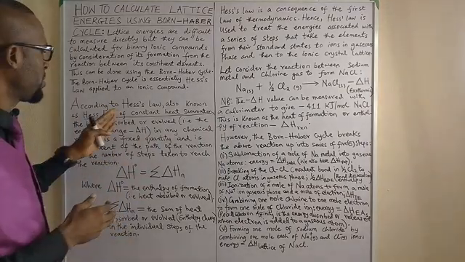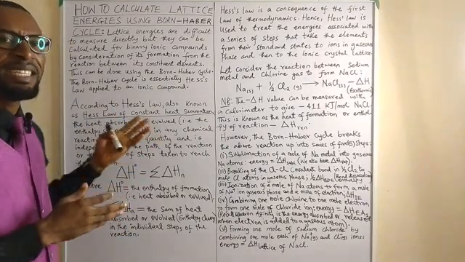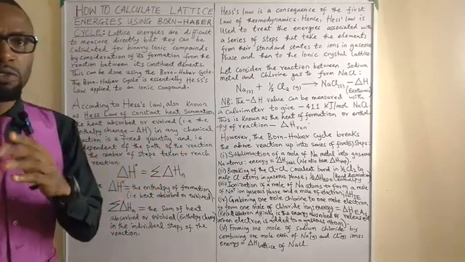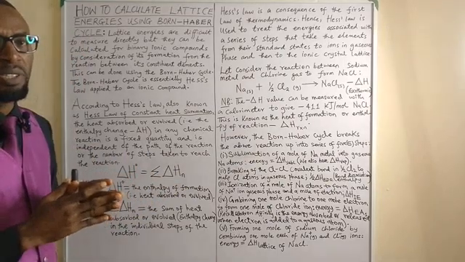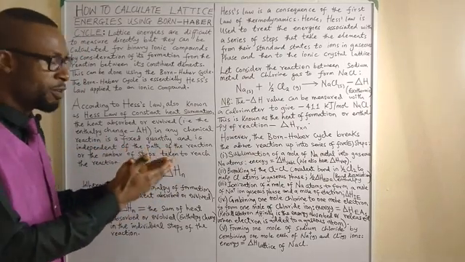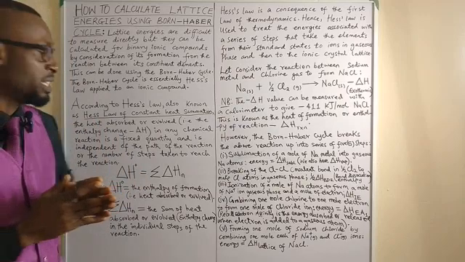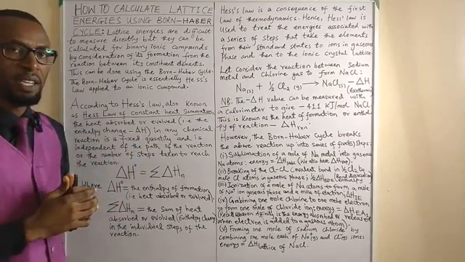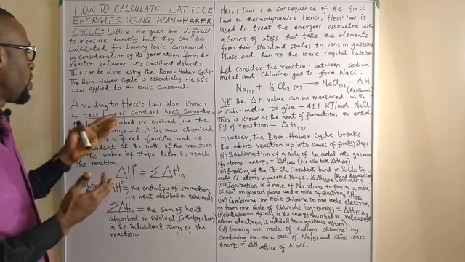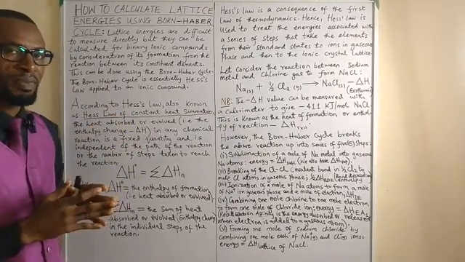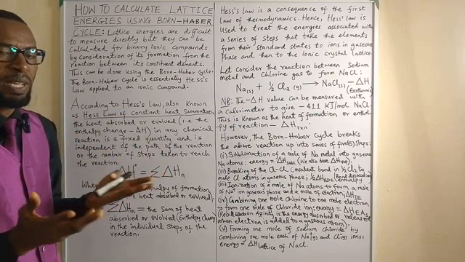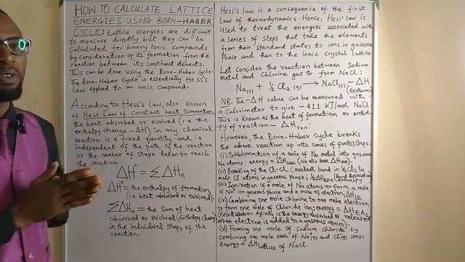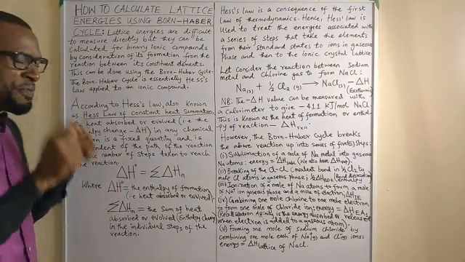This law tells us that the heat either absorbed or released in the course of a chemical reaction is known as enthalpy change or heat change, delta H. According to Hess law of constant heat summation, the enthalpy change, the energy involved, either absorbed or released in the course of any chemical reaction, is a fixed quantity.